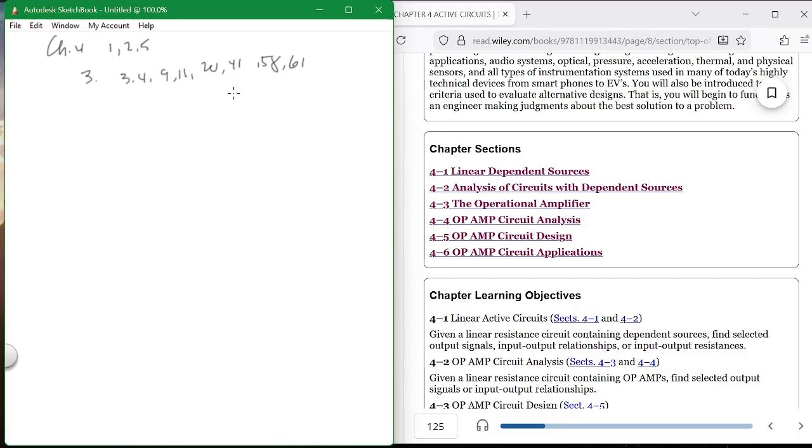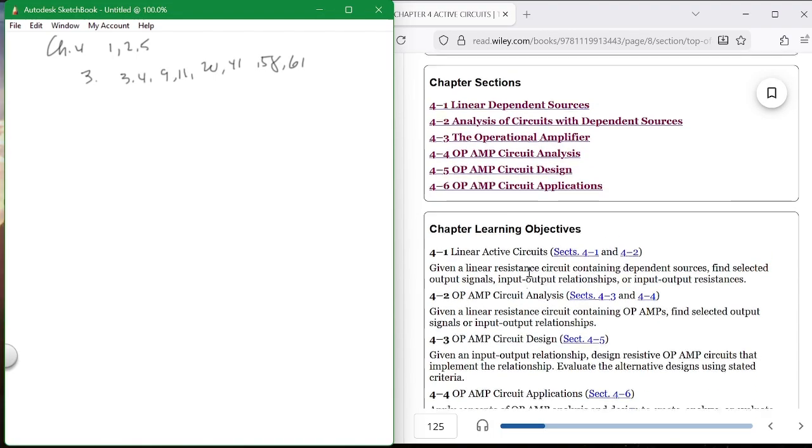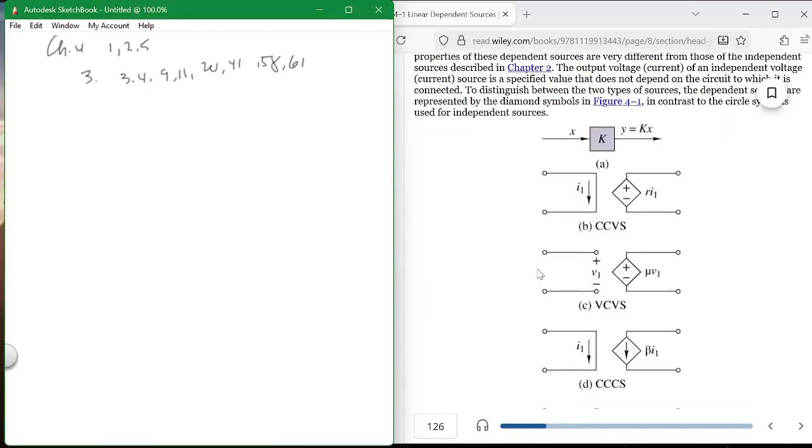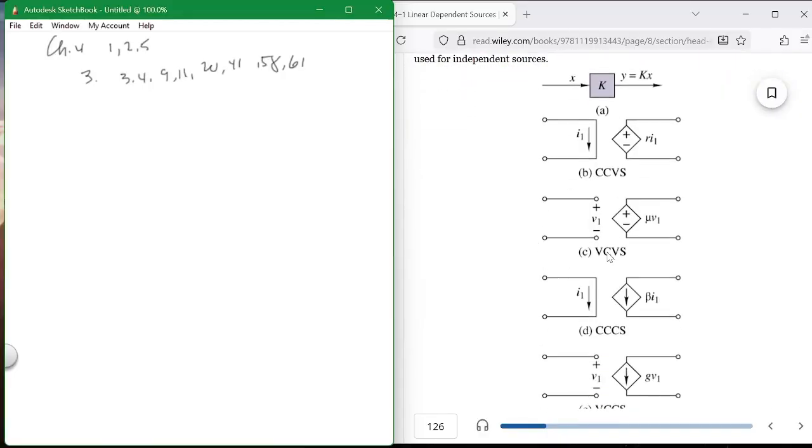Now, in chapter 4, we're just going to look at these devices. These are the devices that we really need to look at, all right? So what are these? These are dependent sources. This is dependent on this, this is dependent on this, this is dependent on this, and this is dependent on this, all right?